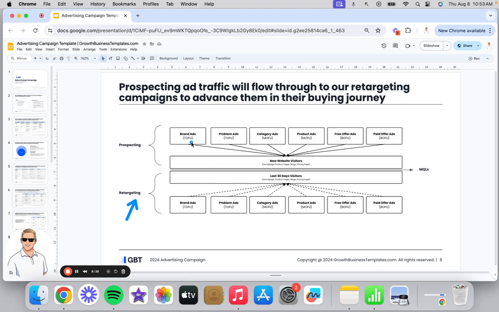And so this is not indicative of how you would actually do it, having every single ad type on both sides for prospecting and retargeting, but I include them there so you could delete or add based on how you want to structure your campaigns. And ultimately, this experience paired with any other marketing initiatives that you have running lead to MQLs for your sales team.